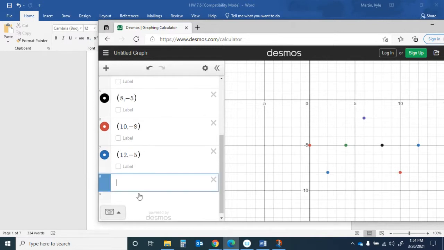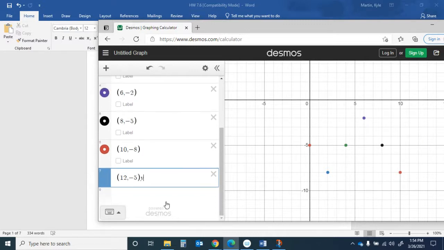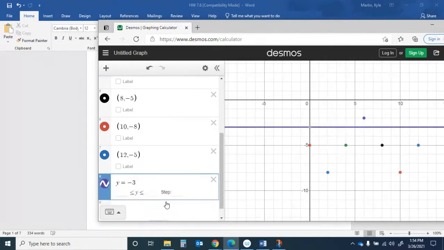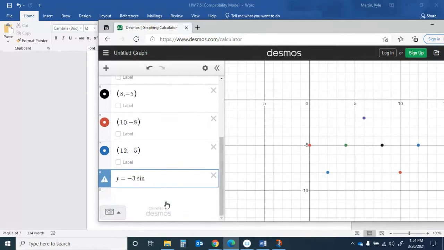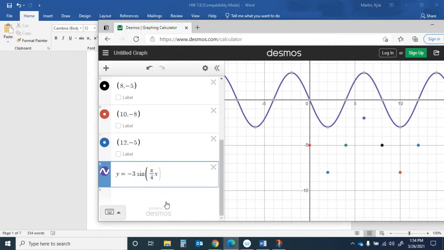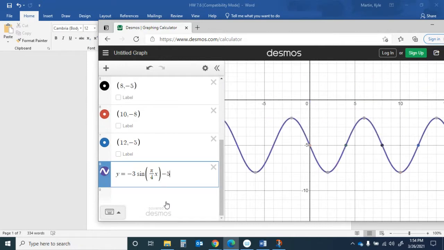All right, so our equation is supposed to go through all those points, we hope. y equals negative 3 times the sine of pi fourths x, no phase shift, and then a vertical shift of negative 5.